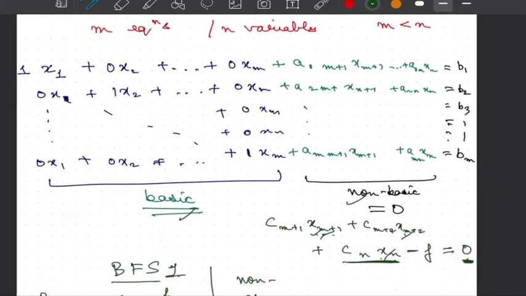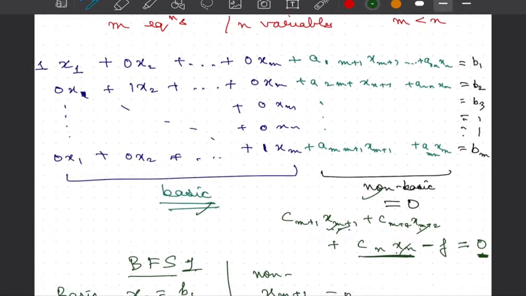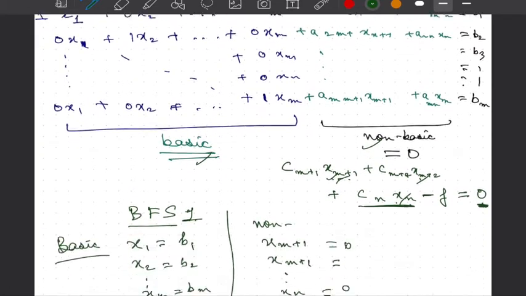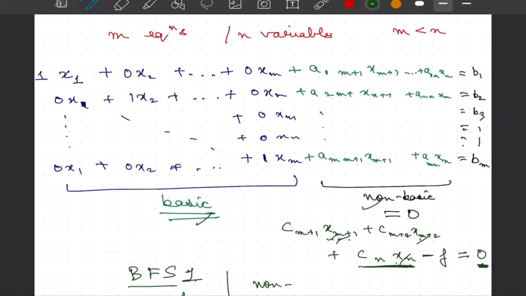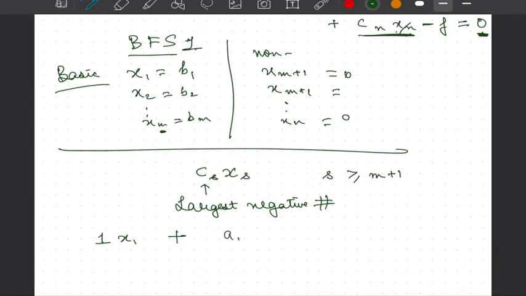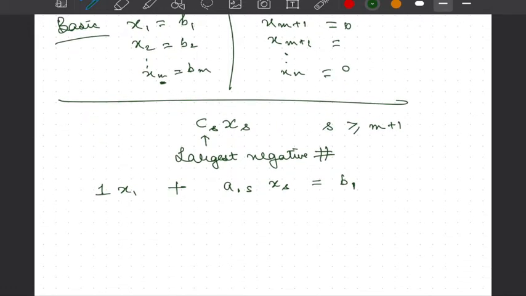Now when we do that, let us see what happens in the first equation. Everything else has zero coefficient up to m terms, so we will ignore that from the first equation. Now our term s is getting activated, so a_1s x_s is equal to b_1. If we have to make it non-zero, then x1 is equal to b1 minus a_1s x_s.